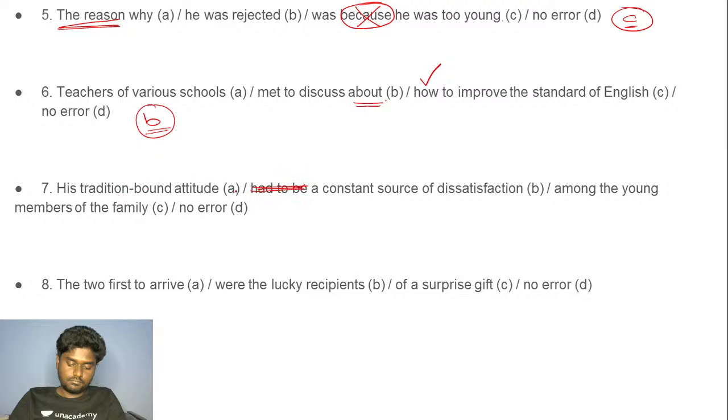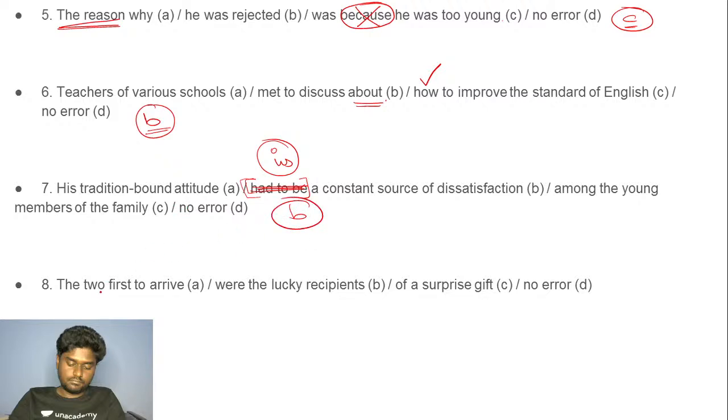This tradition bound attitude is a constant source of dissatisfaction among the members of the family. There is no need for you to insert a past related phrase here. There is no word which depicts the past meaning for the given statement. So had to be should be removed and it should be replaced with is. Okay. So the error is with option B here.